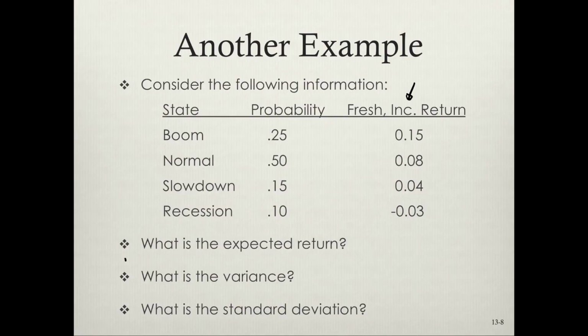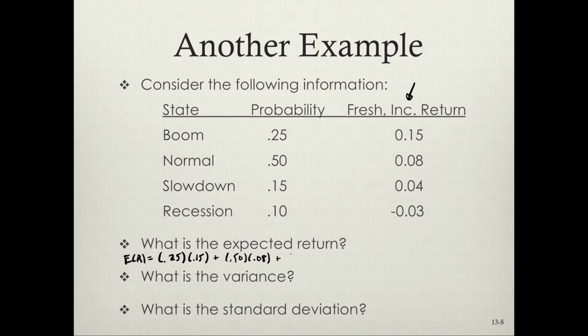So once again, the expected return is going to be the probability multiplied by the return in that scenario plus the probability multiplied by the return, and we would do that for each scenario. So there is a 25% probability of a boom economy. In that economy, Fresh Incorporated would have a 15% return. We add to that the probability of a normal economy multiplied by the return in that condition, 8%.